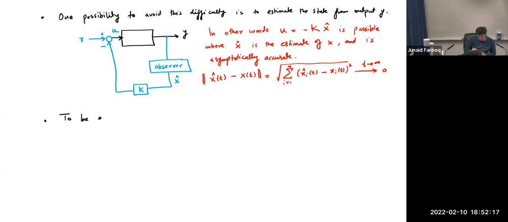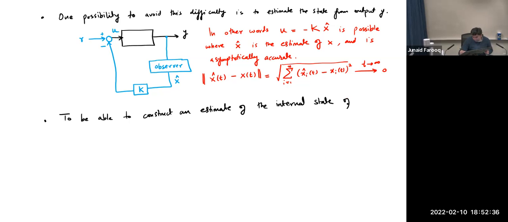So to be able to construct an estimate of the internal state of the system, it must be observable.